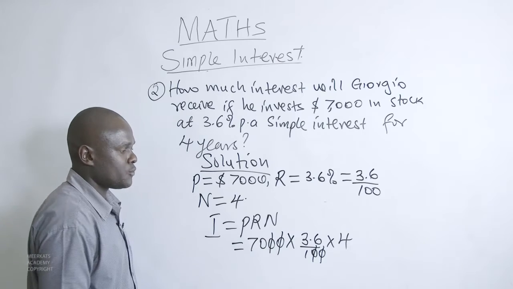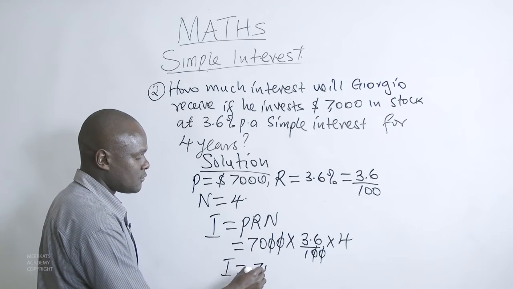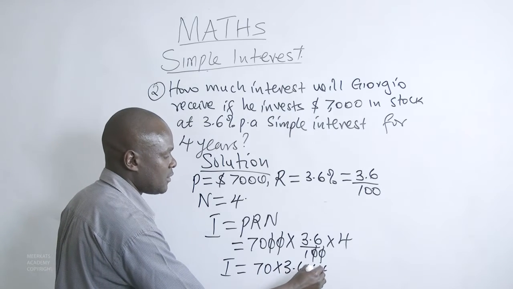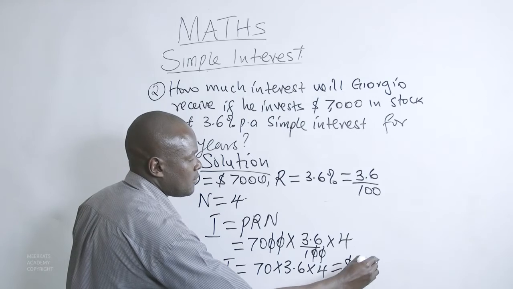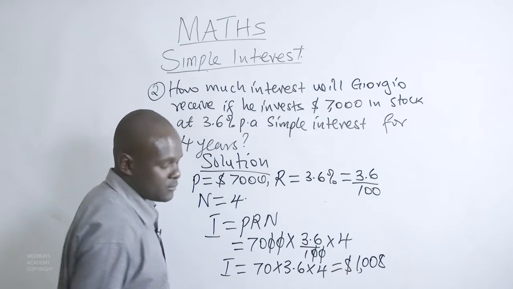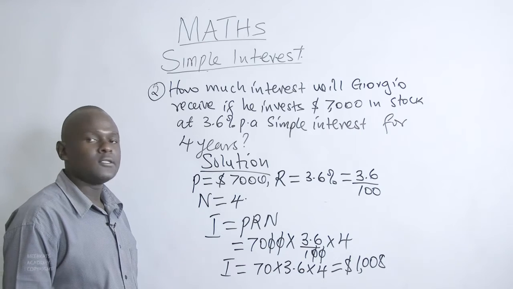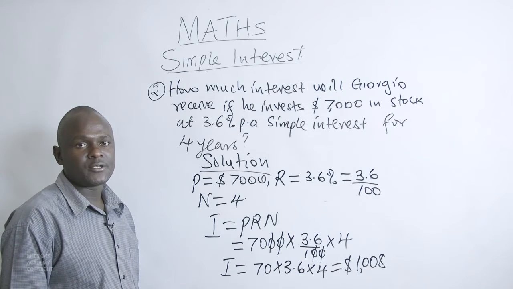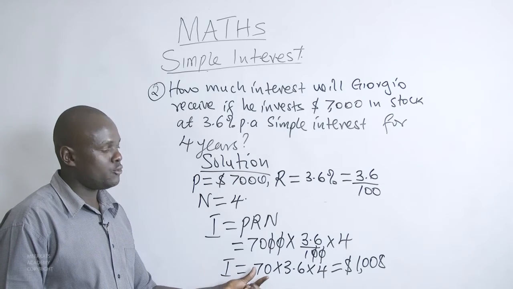The two zeros will cancel out, leaving us with the interest as the product of 70 multiplied by 3.6 multiplied by 4, and this will give us $1,008 as our simple interest that will have been accrued over a period of 4 years.